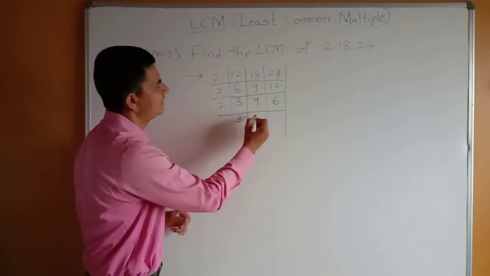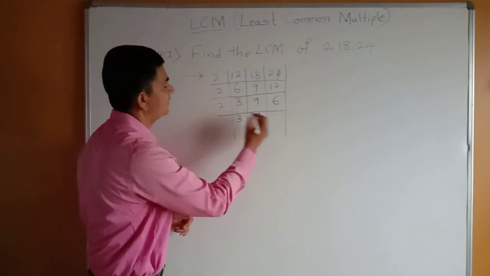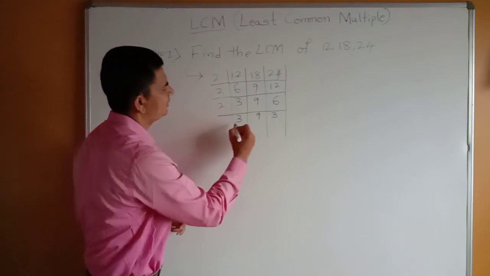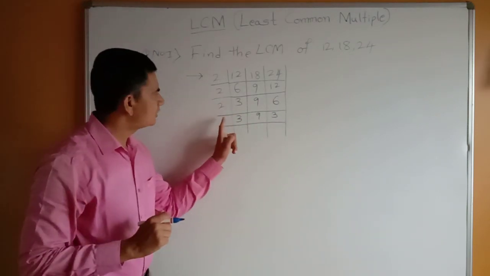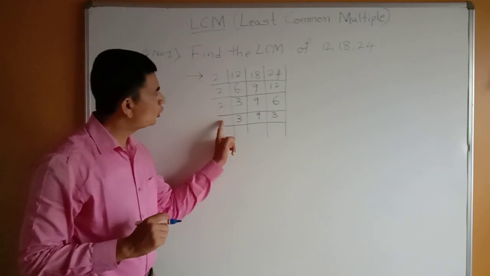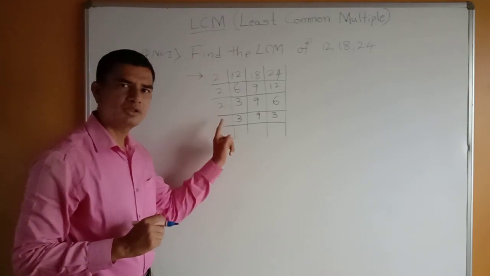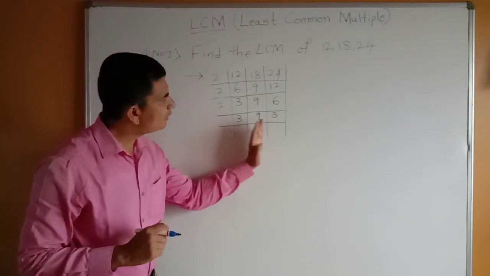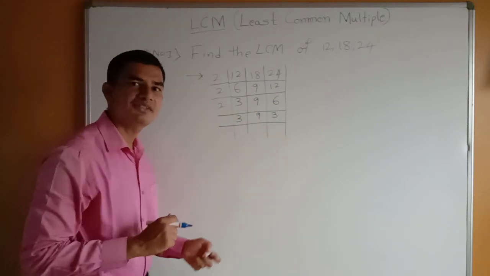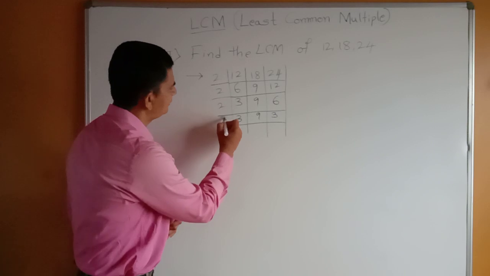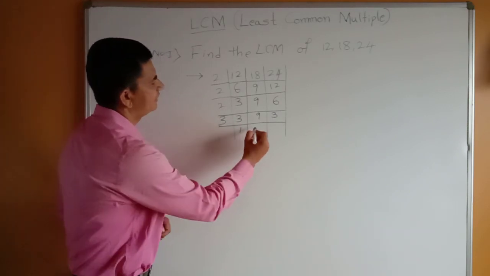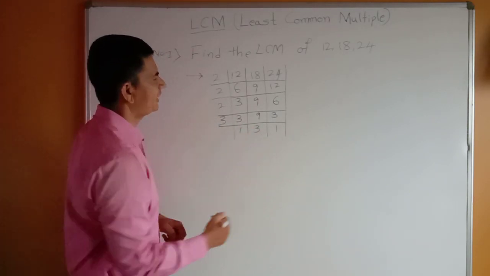So 3 as it is, 9 as it is, 6 is there in the 2 table, 2 3s are 6. Now here it is not possible to take 2, because it is not possible to divide these numbers, that is 3, 9 and 3. So we can take 3 here. 3 1s are 3, 3 3s are 9, 3 1s are 3.